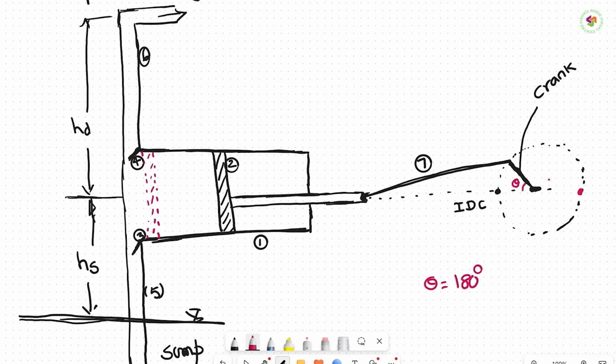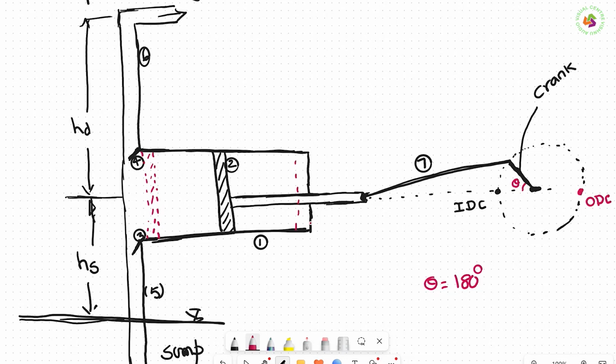This is called the outer dead center. So when the crank reaches the outer dead center, that is theta equal to 180 degrees, the piston reaches the extreme right.